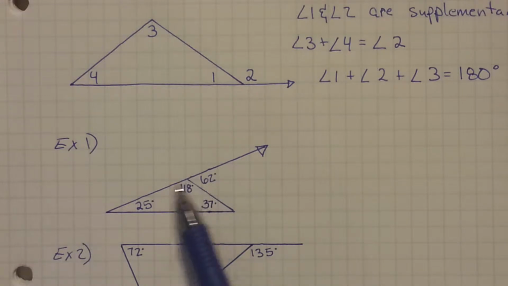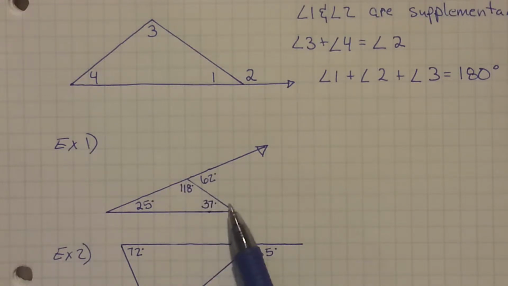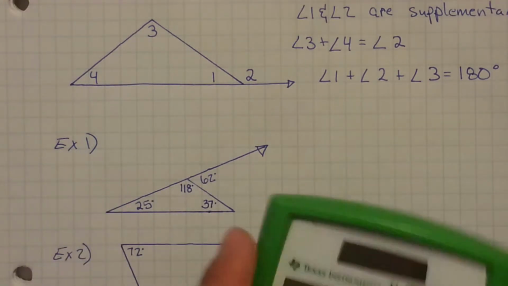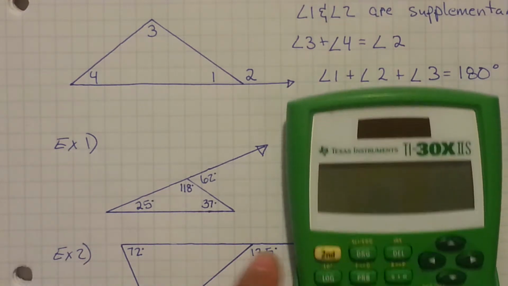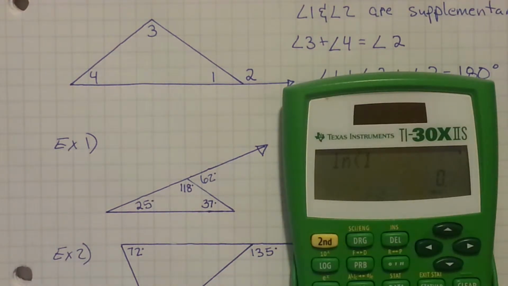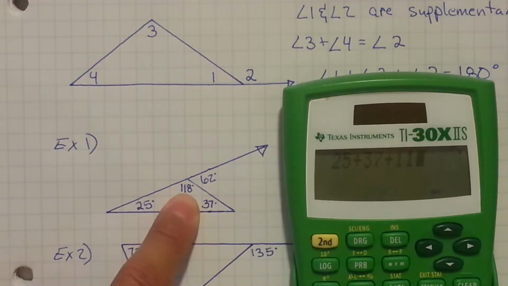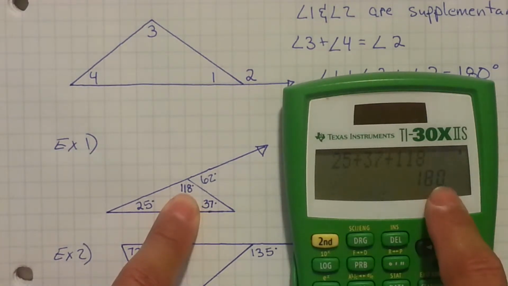Right here, when I measure these, I come up with this side over here is 37 degrees. This side over here comes out to be 25 degrees. And I've actually measured these angles. So let's go through and take a look at what we come up with here. So if I do 25 plus 37 plus 118, I get 180.